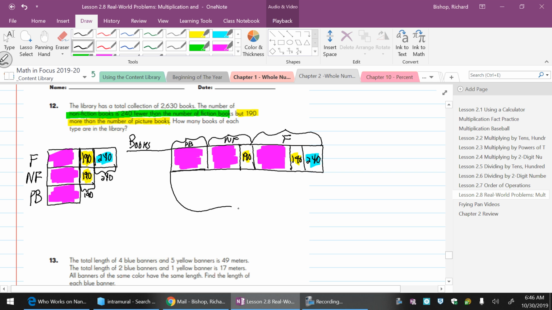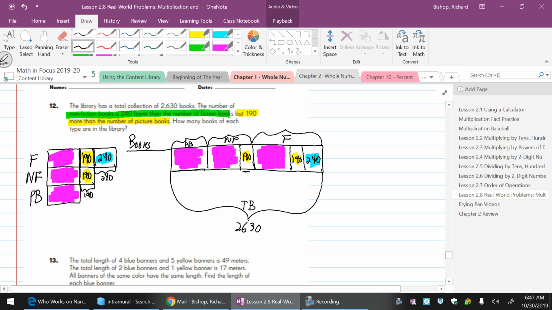I do know that I have a total. Okay, so the total is 2,630 total books. This is a little trickier because the numbers are separated, but it's still going to be just fine.